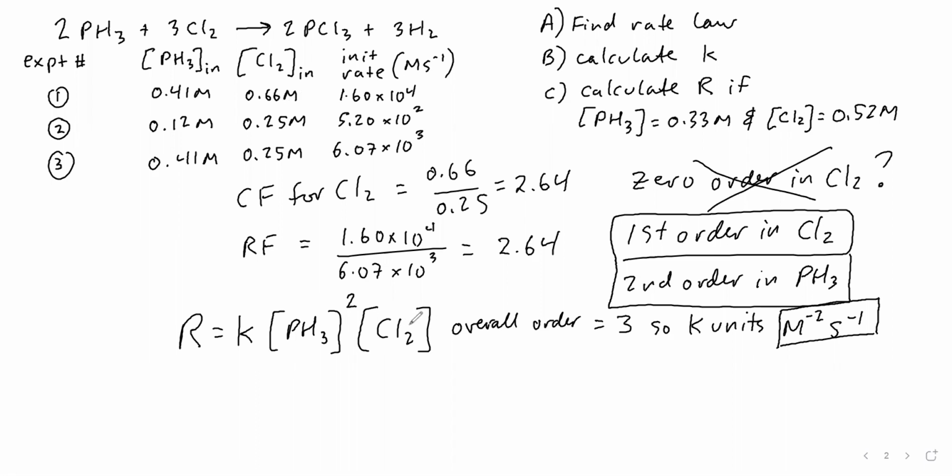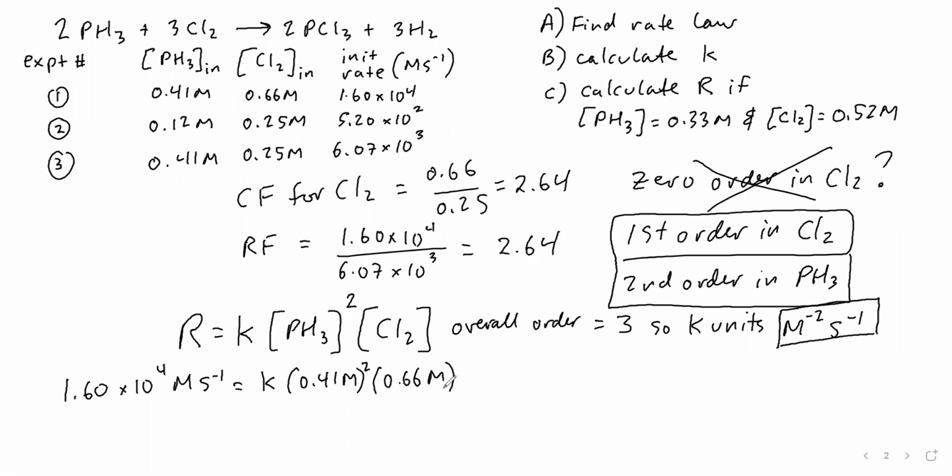We'll keep that to the first power. Okay, so what we end up with is 1.6 times 10 to the fourth moles per liter per second. And that equals our unknown rate constant times 0.41 molar squared times 0.66 molar.